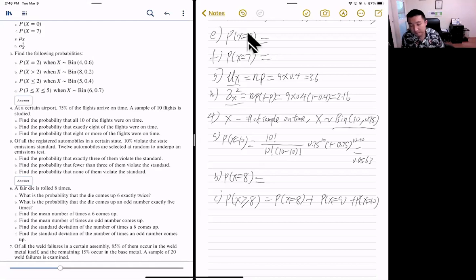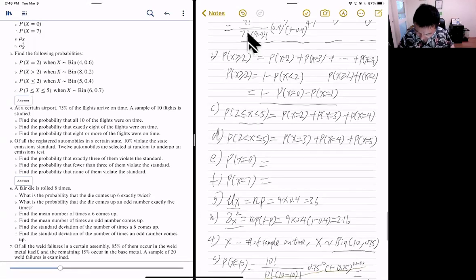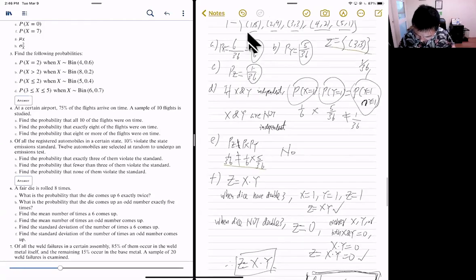There's no 11, it's not possible. So 8, 9, 10, add it together. So that is question number 4. Questions so far for this?